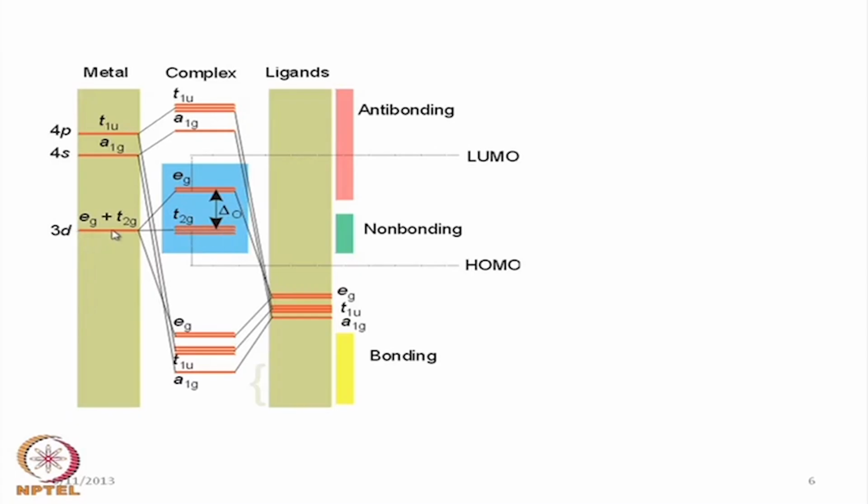So, the metal ion giving the electrons which occupy the T2G level will serve as the HOMO level, which is highest in energy, and the EG is giving the EG star level, which is the lowest unoccupied molecular orbital.